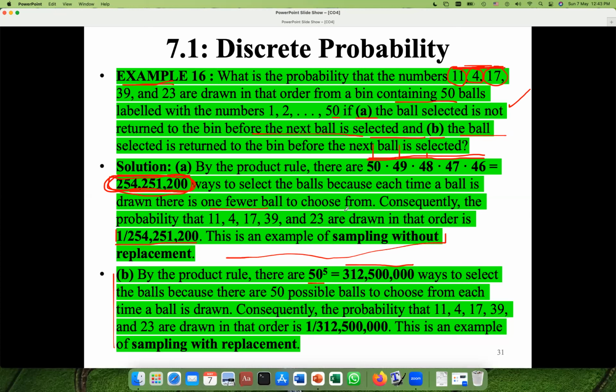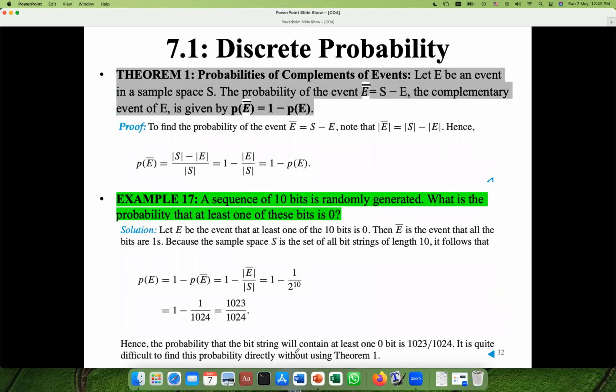Each ball is equally likely, so 1 over the total number of options is the probability. The other name for this is sampling with replacement, because you take out the ball and then replace it, or keep it back there. Okay, moving next.